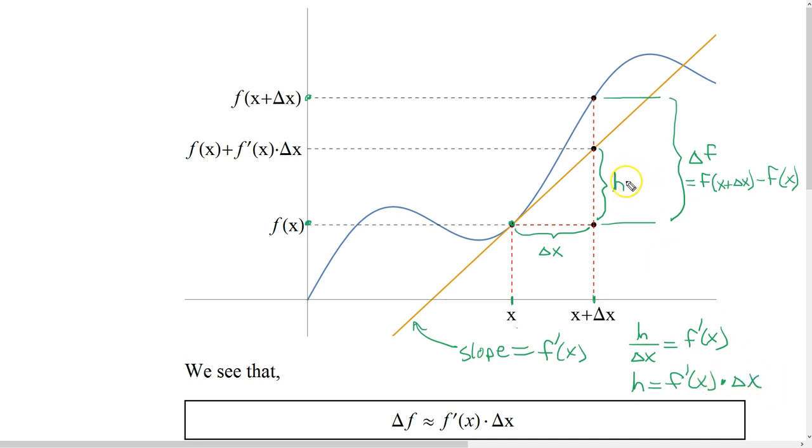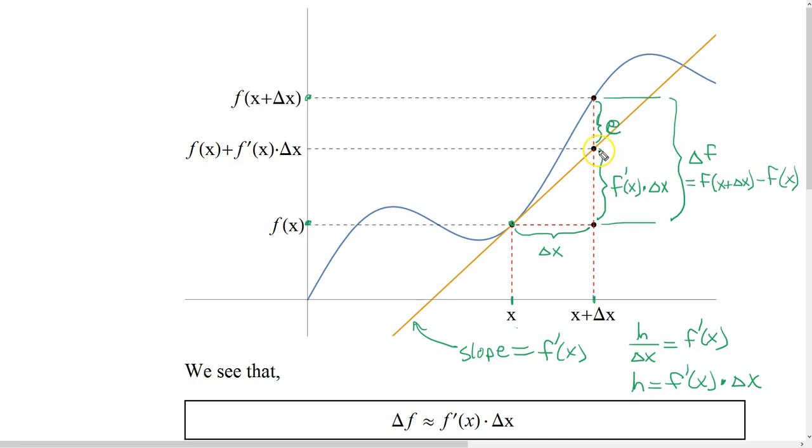So this distance from here to here is simply f prime of x times our change in x. And we also have a little distance up here that we will call an error, and we'll just label that with the letter E for error.